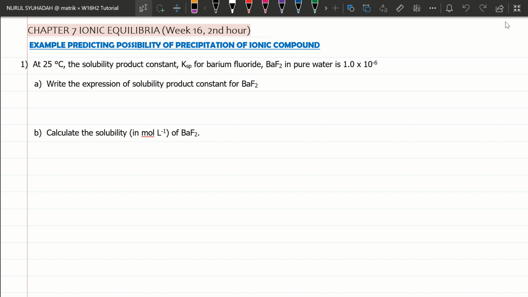So the first one, write the expression of solubility product constant for BaF2. Okay, untuk soalan ni, untuk awak buat, so the first thing that you need to do is, okay, you need to have a balanced chemical equation.